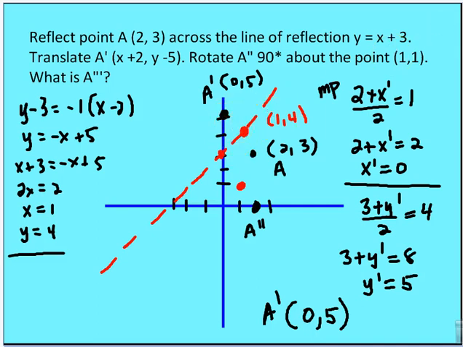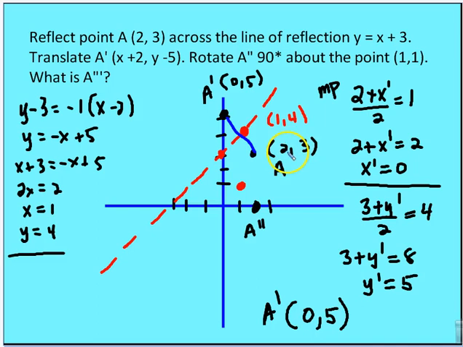So if I were to draw a line segment from A to A prime, we know that the line of reflection would be the perpendicular bisector of AA prime. All right, so not knowing A prime, we can figure out what A prime is given the line of reflection and A, which is 2, 3.